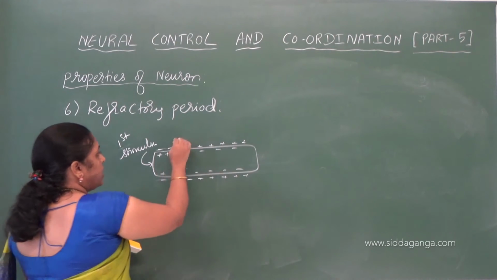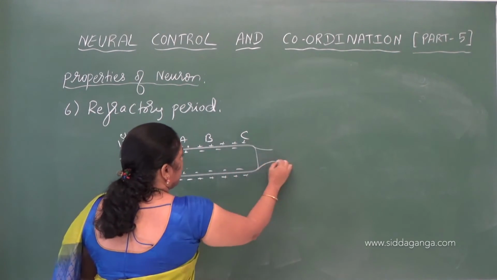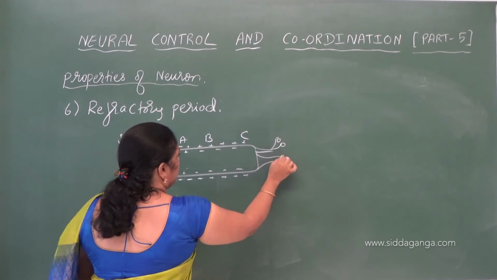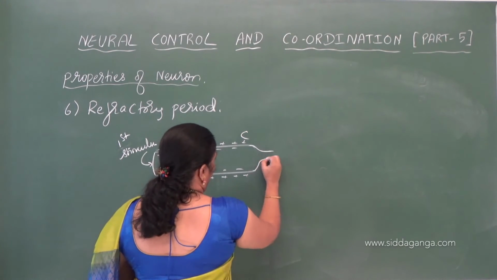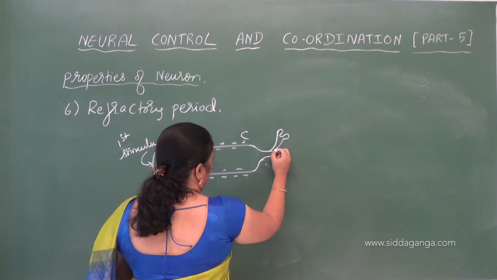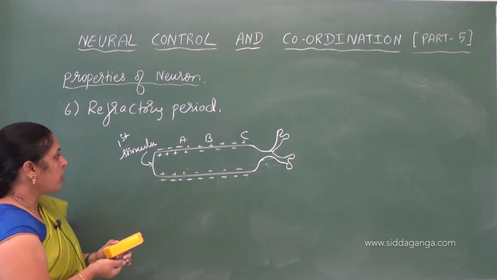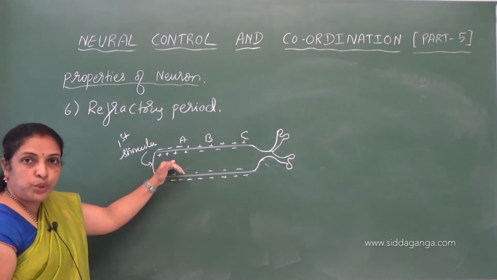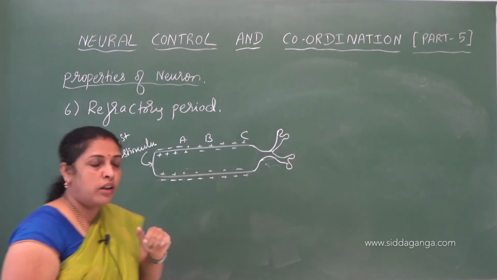After that it shifts from A to B, B to C, like that till it reaches axon terminals. When we apply stimulus for the first time, action potential will be generated here and it will be carried to the axon terminal.